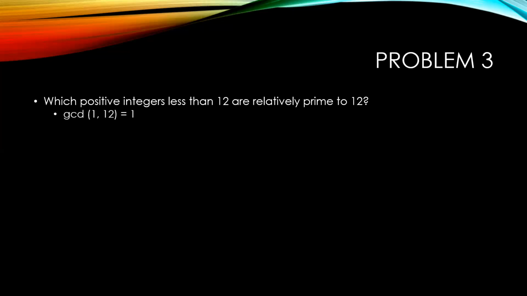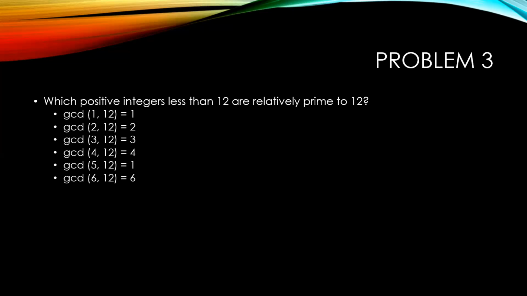It's 1. Okay, and the GCD of 2 and 12 is 2. GCD of 3 and 12 is 3. 4 and 12 is 4. GCD of 5 and 12 is 1. Okay, GCD of 6 and 12 is 6.